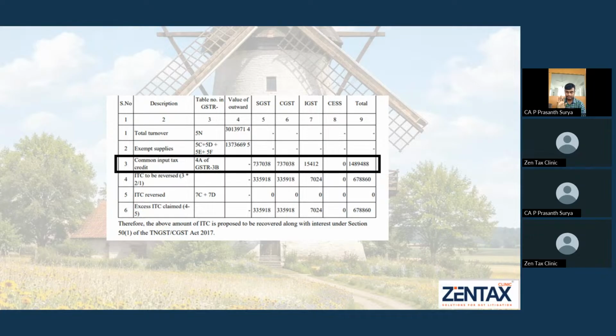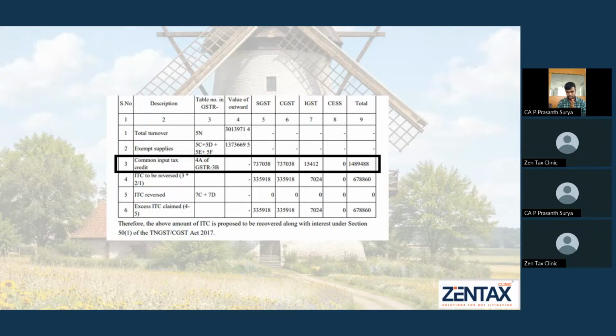So they have given the entire ITC there, but we should explain in the reply that these are the common credits I have. This is the proportionate calculation that they should do, and appropriately you should reverse the common credit. So the entire common credit reversal alleged in the notices should be carefully looked upon before making a payment with respect to the financial year 21-22 notice.